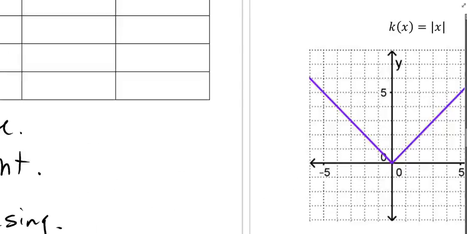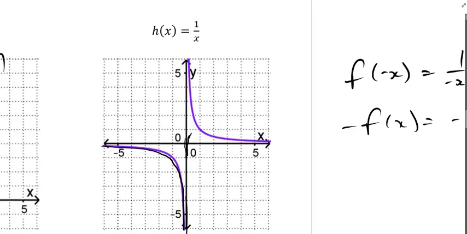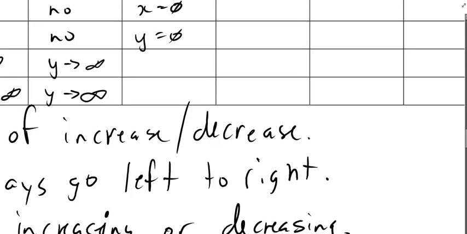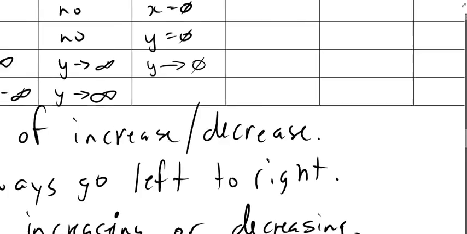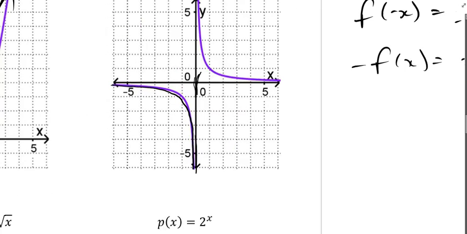As x goes to positive infinity, this is a bit tricky. What does y go to? What do you think? Y approaches 0. Very good. It doesn't go to infinity. End behavior doesn't always have to go to infinity. And as x goes to negative infinity, now I'm going the other way.